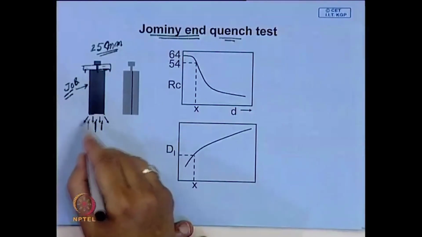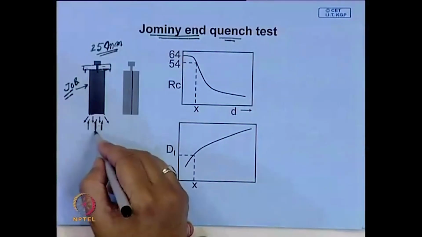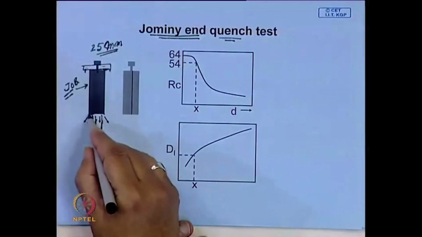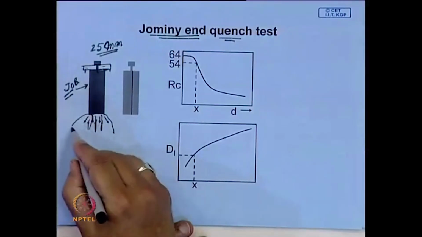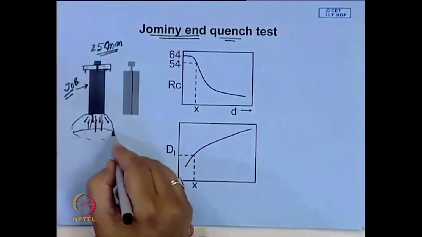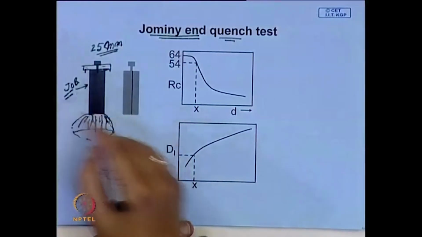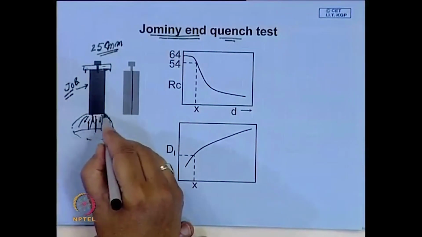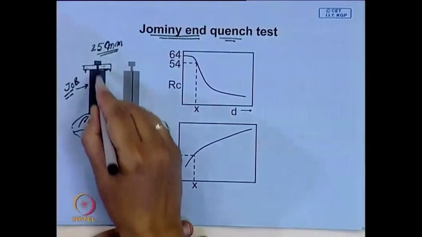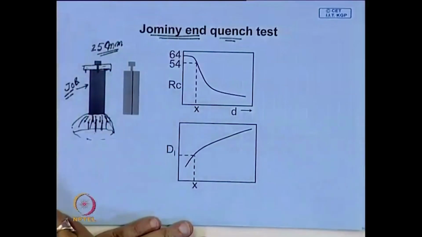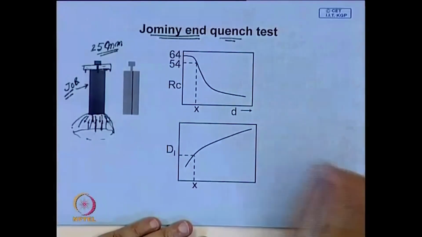The water goes in this direction and comes out in the form of an umbrella kind of thing. By this you have the highest cooling rate here, lowest cooling rate at the other end. So, what you have is a gradient cooling.